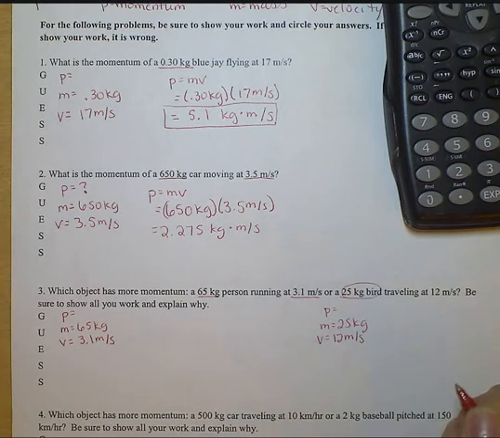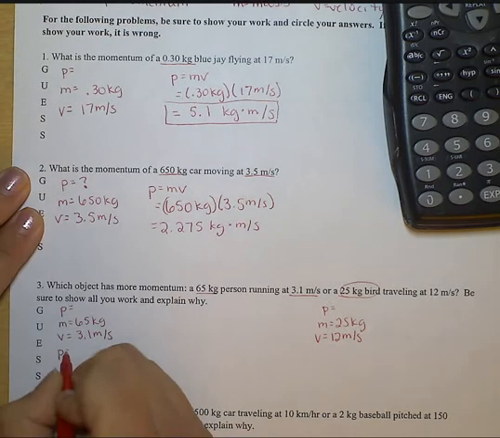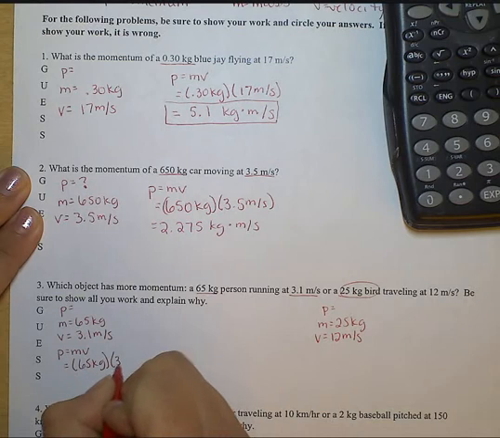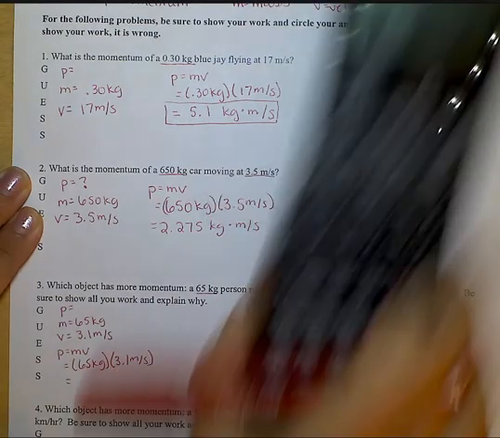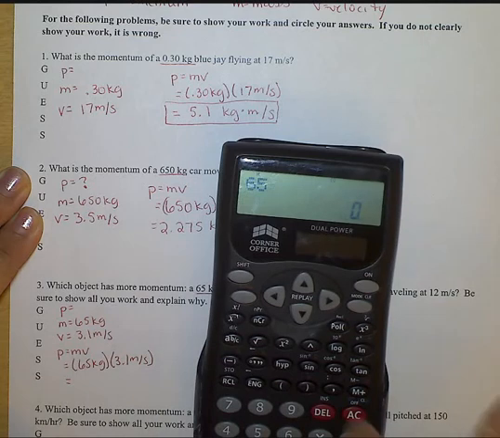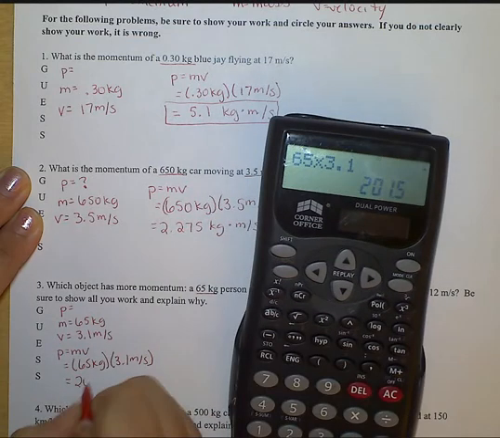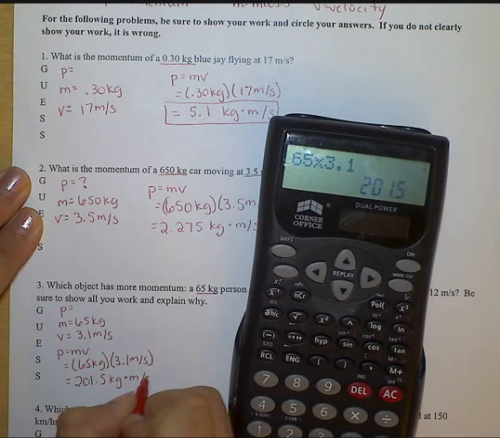Okay, so I'll go ahead and plug in my information on this side. Enter that into my calculator. 201.5 kilograms times meters divided by seconds.